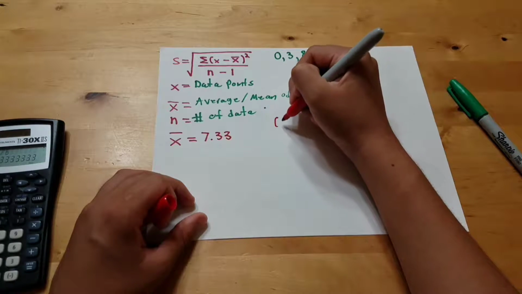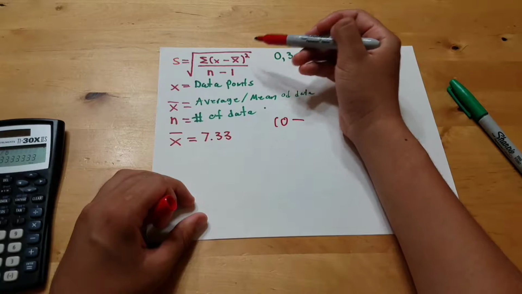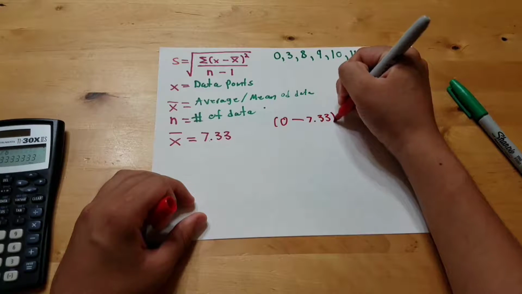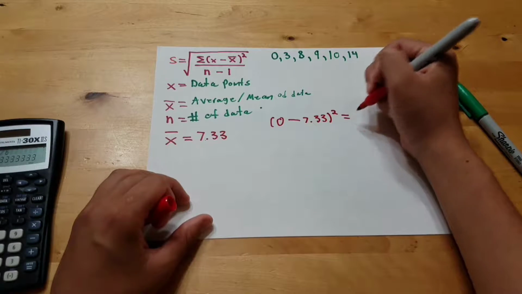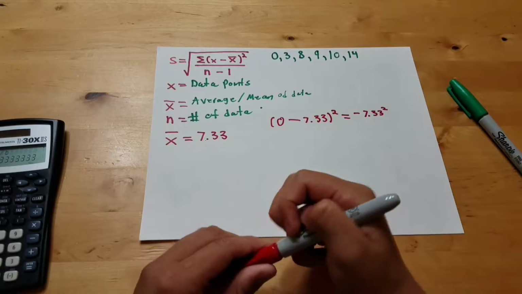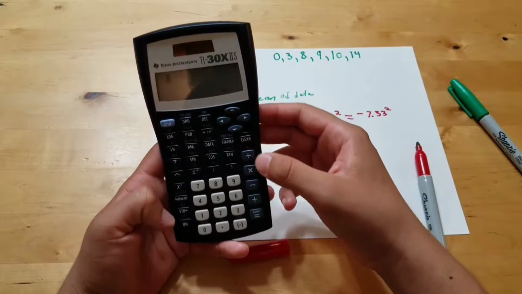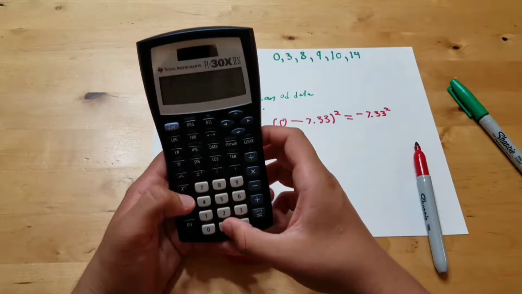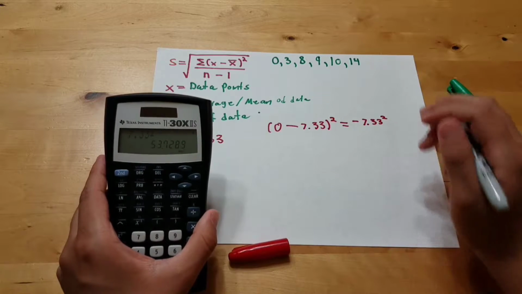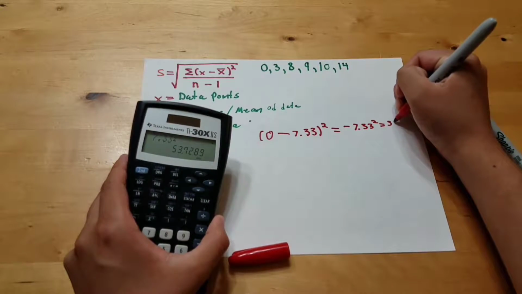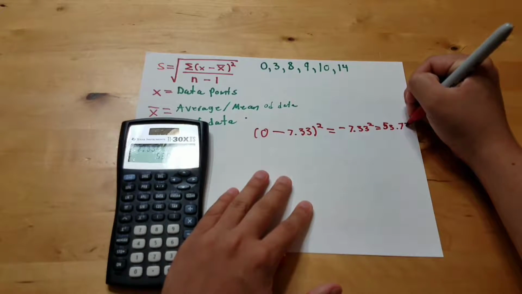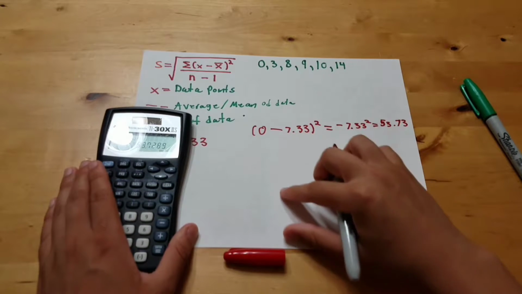The first data point is 0 minus the x with the line over it, which we found is 7.33, squared. That is equal to negative 7.33 squared, which is 53.73, rounded up.